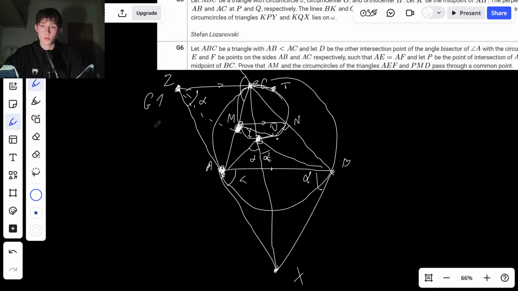And so we also know that Z, C, Y, and A are cyclic, these four. And I need to show that Z, M, and Y lie on one line.